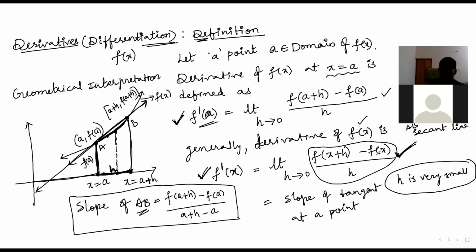It's not difficult. Here we have x comma f of x, and x plus h comma f of x plus h. This is the slope, y2 minus y1 by x2 minus x1, where x2 is x plus h and x1 is x. So this is the definition and meaning.